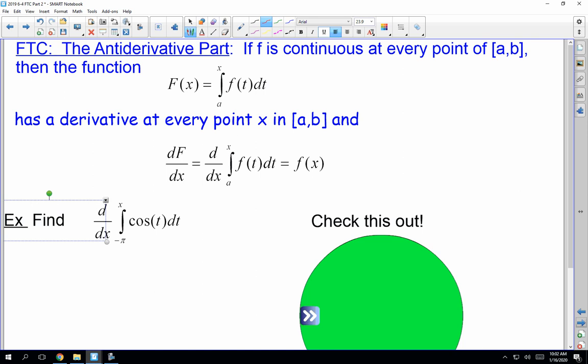So that's it. There are two parts to it. The two parts just say if there is an antiderivative, then you can actually evaluate it by plugging in the upper and lower limits and subtracting the numbers. And then regardless of if there's an antiderivative or not, the derivative of the integral is the integrand.